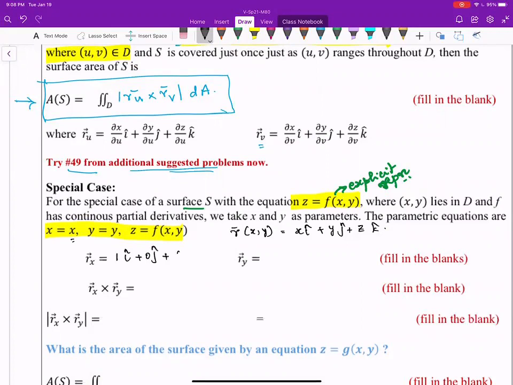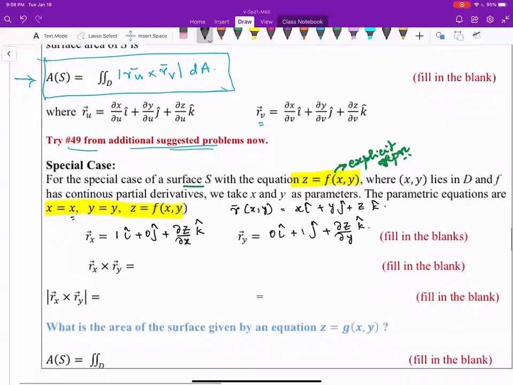Then z is a function of x and y, and you are going to differentiate that partially with respect to x. You can either write that as dou f by dou x or dou z by dou x. Both are okay. When you differentiate partially with respect to y, x is a constant, so 0i plus 1j plus dou f by dou y or dou z by dou y, both are okay.